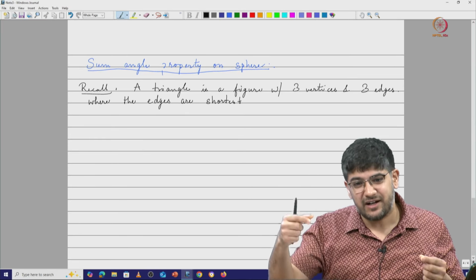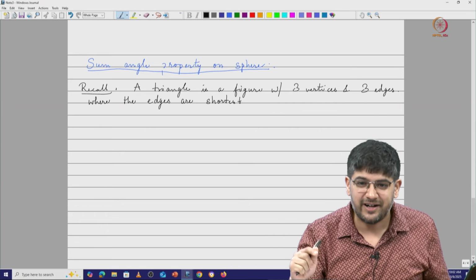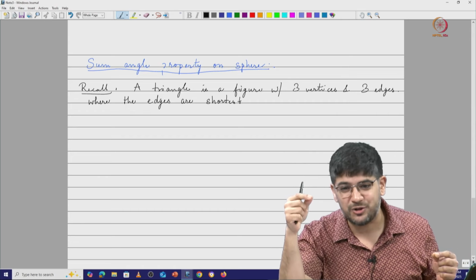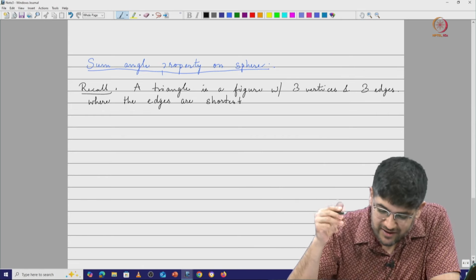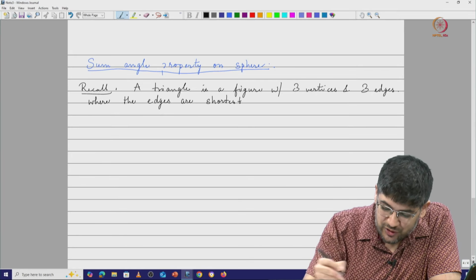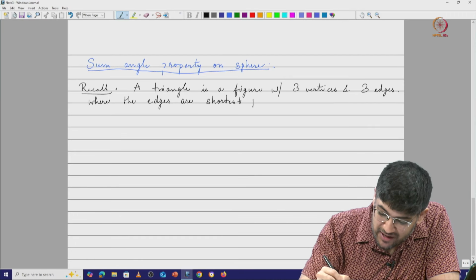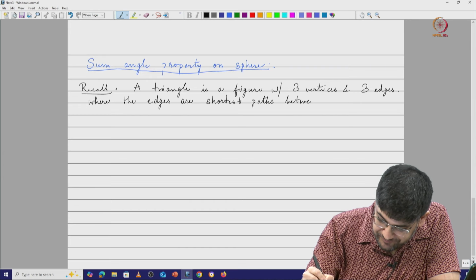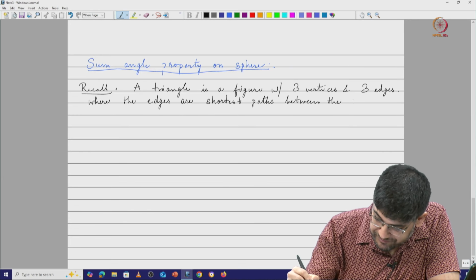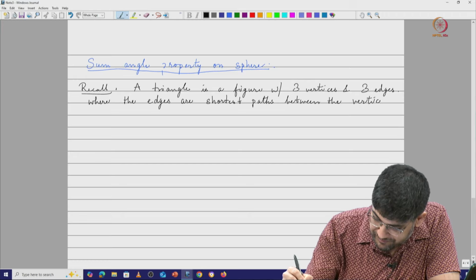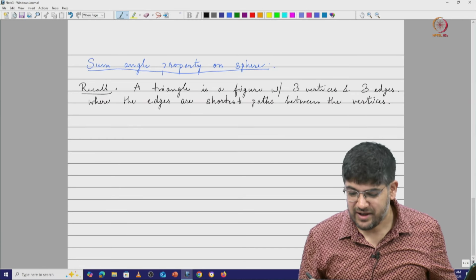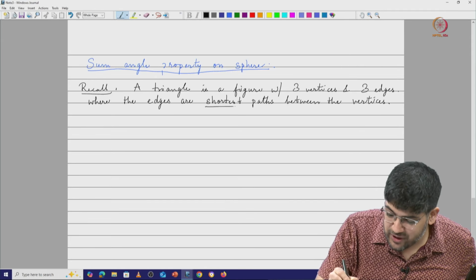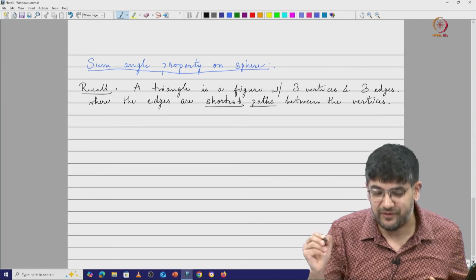I mean, they are straight lines in the plane, but what is really a straight line? A straight line is basically the shortest path joining any two points, right? So the edges are the shortest paths between the vertices. So the key point is the shortest path between the vertices.